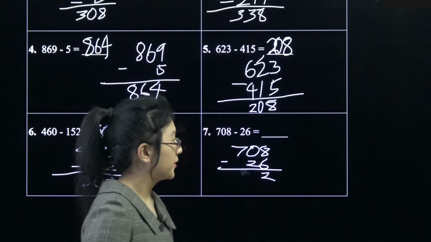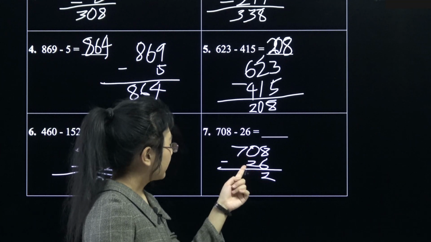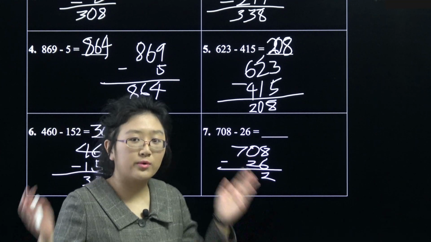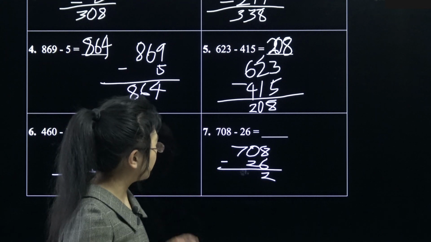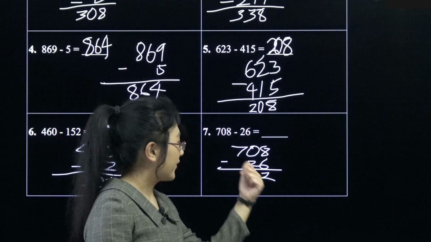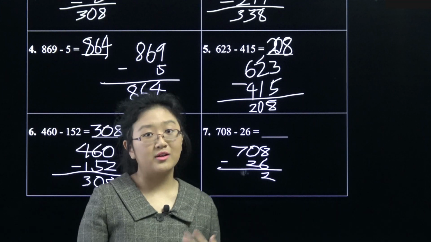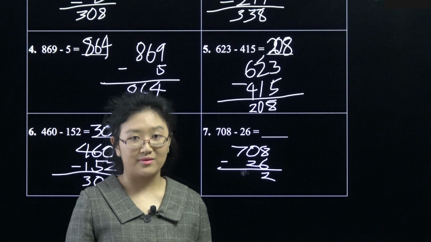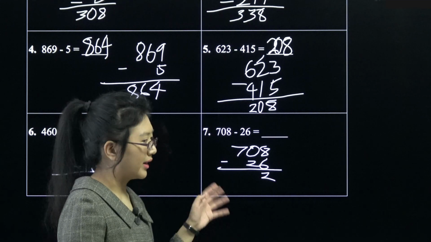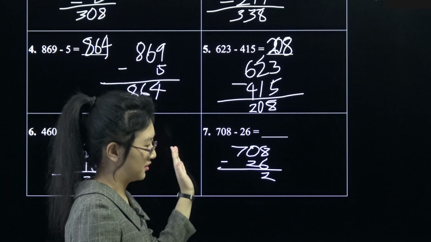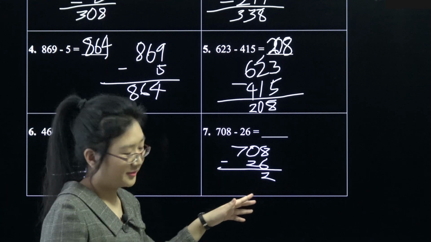We don't need to regroup here, but we have dun dun dun 0 minus 2, which means that we need to regroup. But oh no, it's not in the ones place. So what do? We grab it from the hundreds place. And since 100 is equal to 10 tens, and 10 is equal to 10 ones, actually that just means everything is equal to 10 of the thing before it.